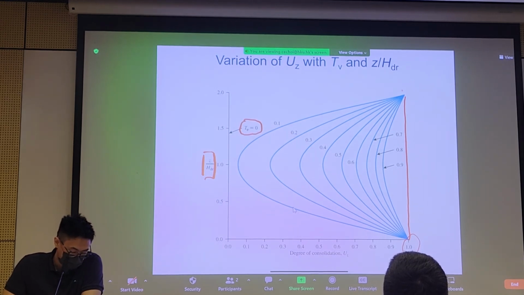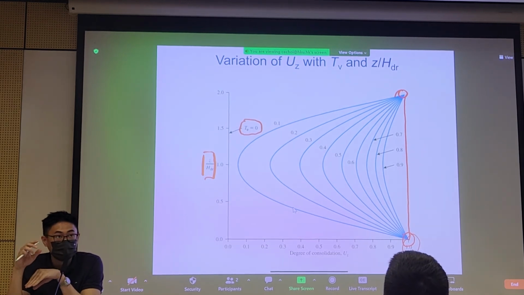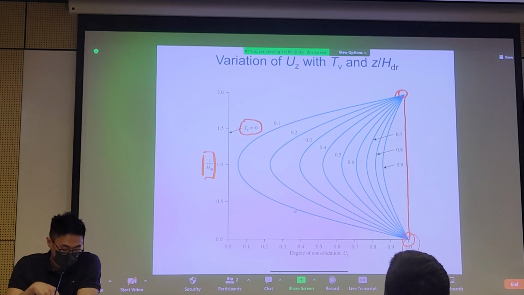And at the boundaries, it's much easier to dissipate pore pressure and finish consolidation. And you remember during early on the slides, we talked about how at the boundaries near the sand layer, you have lower pore pressures. So this is a typical graph of if you needed to extrapolate at a particular depth, you can get the degree of consolidation.